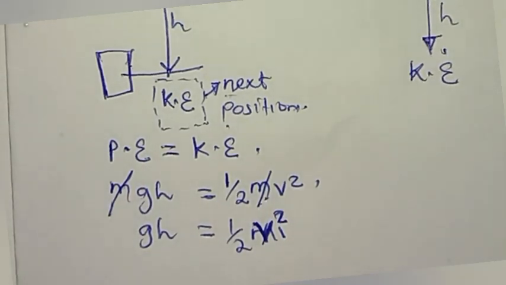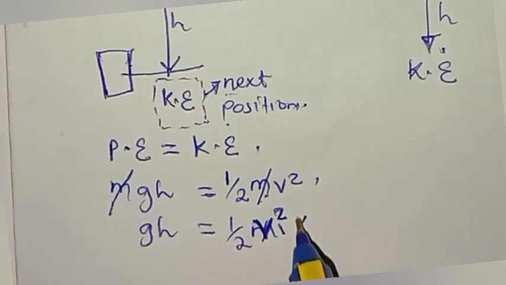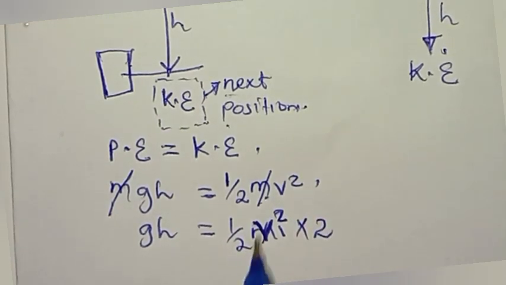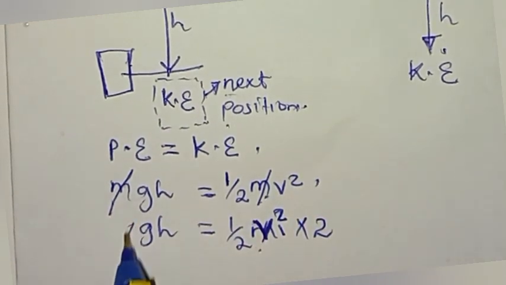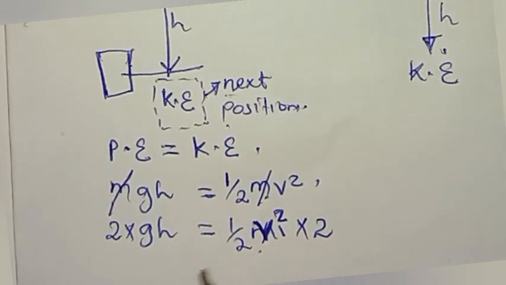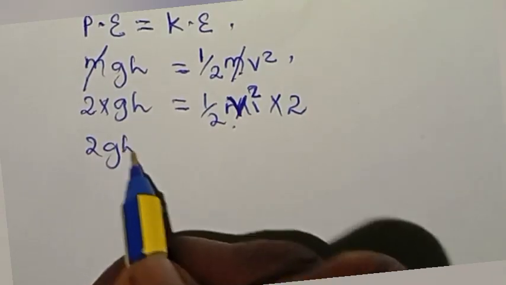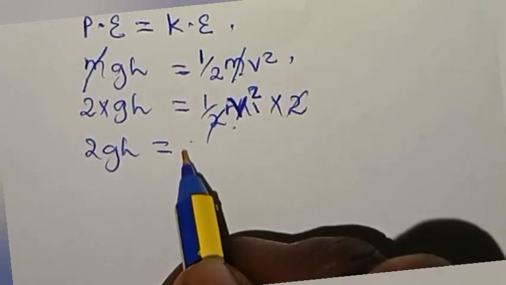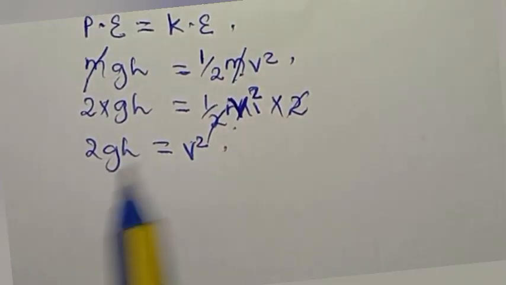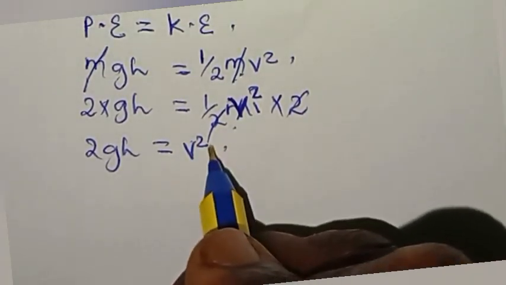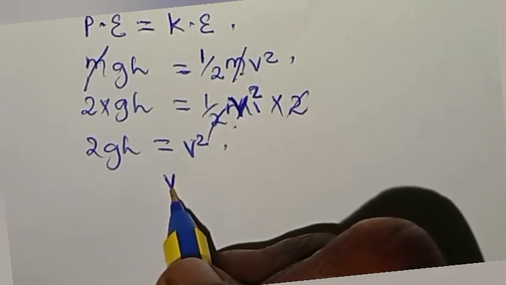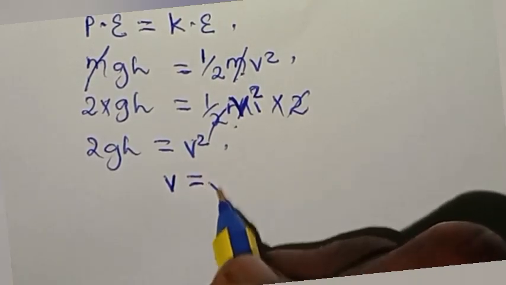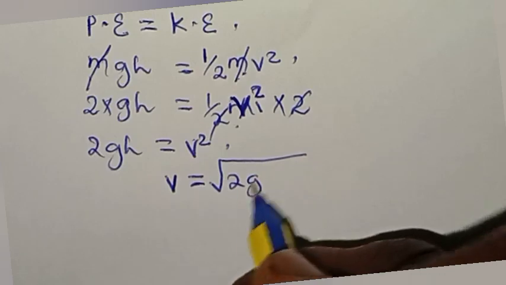After that, we are going to multiply both sides by 2 to remove the fraction. And there we are going to have 2gh equals v squared. Therefore, velocity, that is v alone, equals the square root of 2gh.